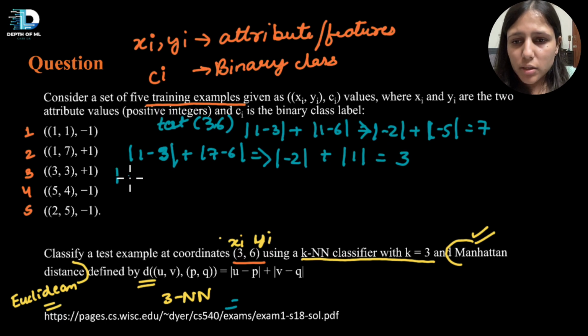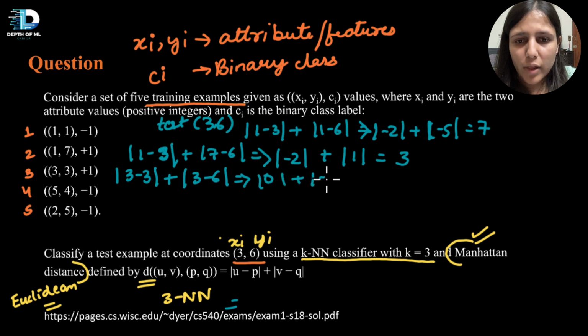Now you have to do 3 minus 3, subtracting the x feature, and then subtract the y feature, so 3 minus 6. Because we are taking the absolute value, the order doesn't matter. This gives us absolute value of 0 plus absolute value of minus 3, which equals 3. Now the fourth example: 3 minus 5 plus 6 minus 4.